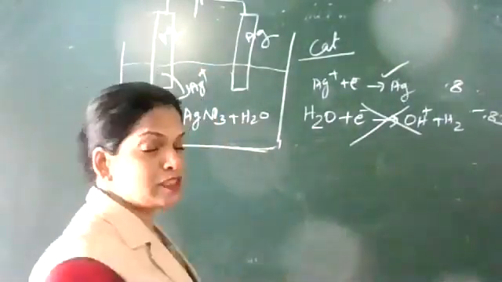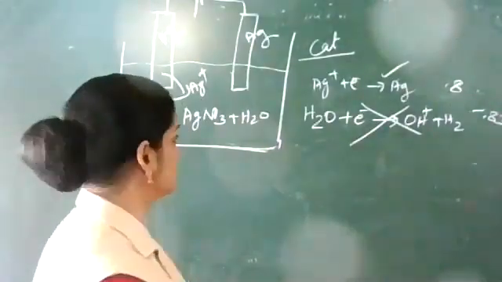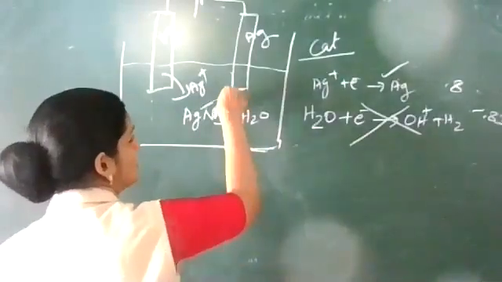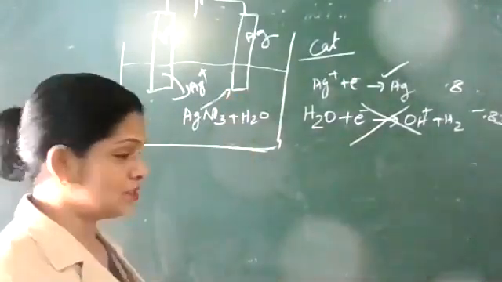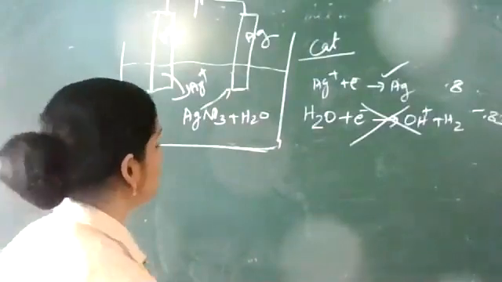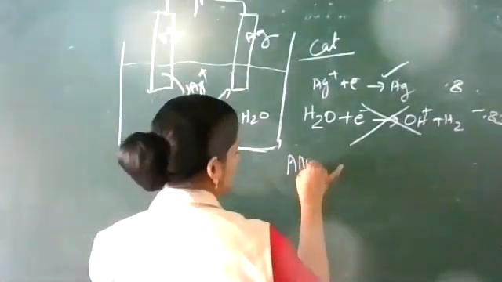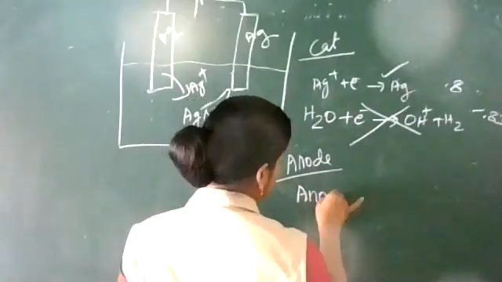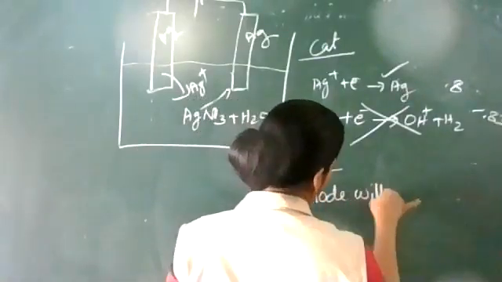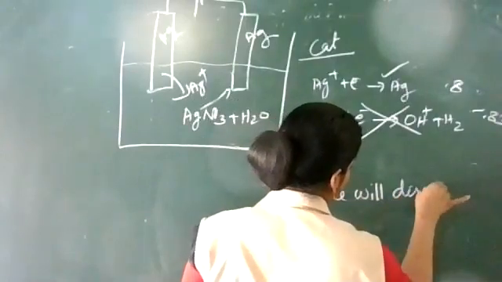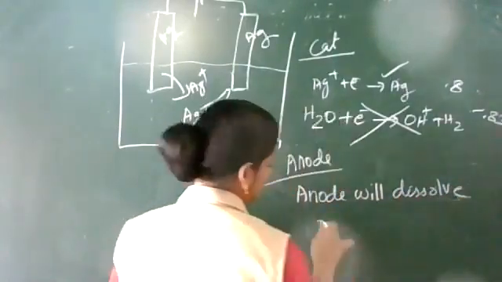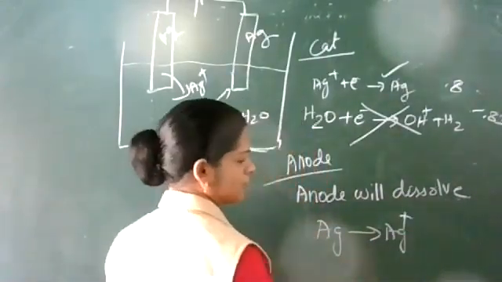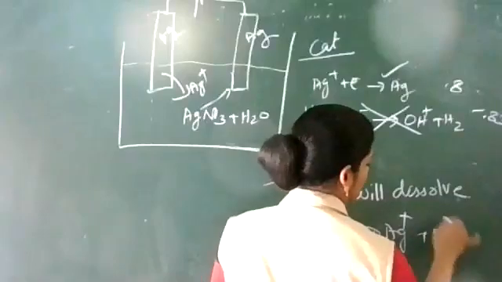Accordingly, an equal number of Ag plus will undergo reduction in the solution and get deposited on the cathode. So at the anode you write: anode will dissolve, and the product is Ag changing to Ag plus plus one electron.